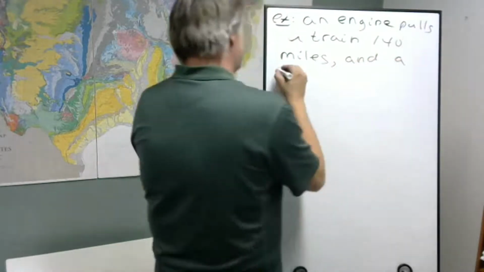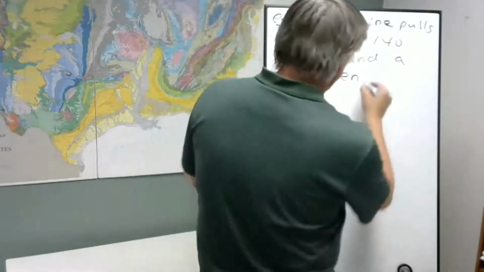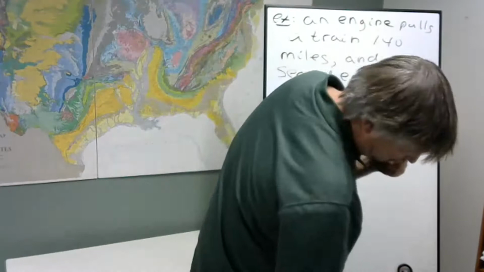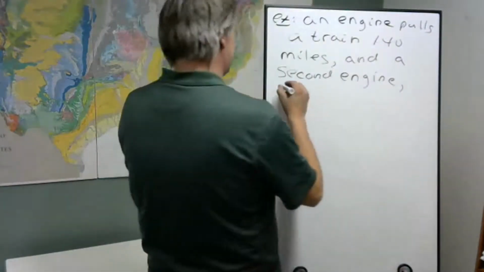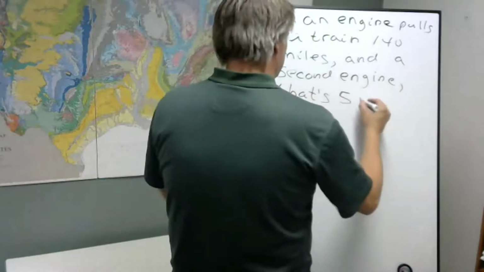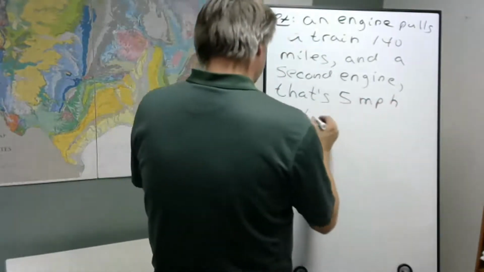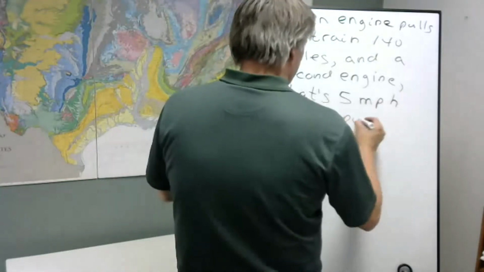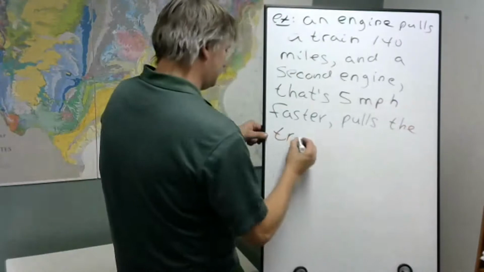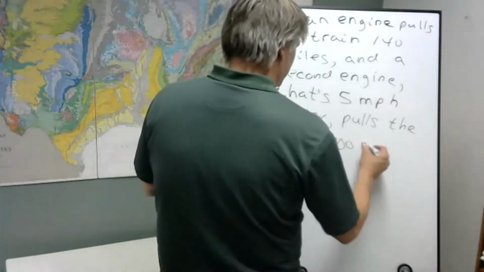And a second engine that's 5 miles per hour faster pulls the train 200 miles.